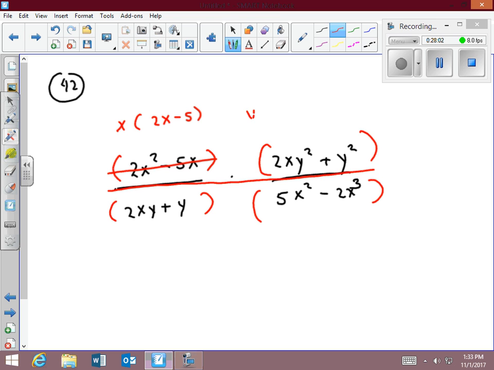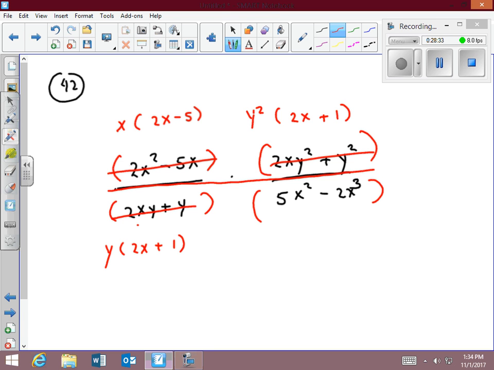So a y squared comes out, and you have a 2x plus 1. Notice this term right down here. What does it have in common? A y, doesn't it? Take a y out, and you get 2x plus 1.